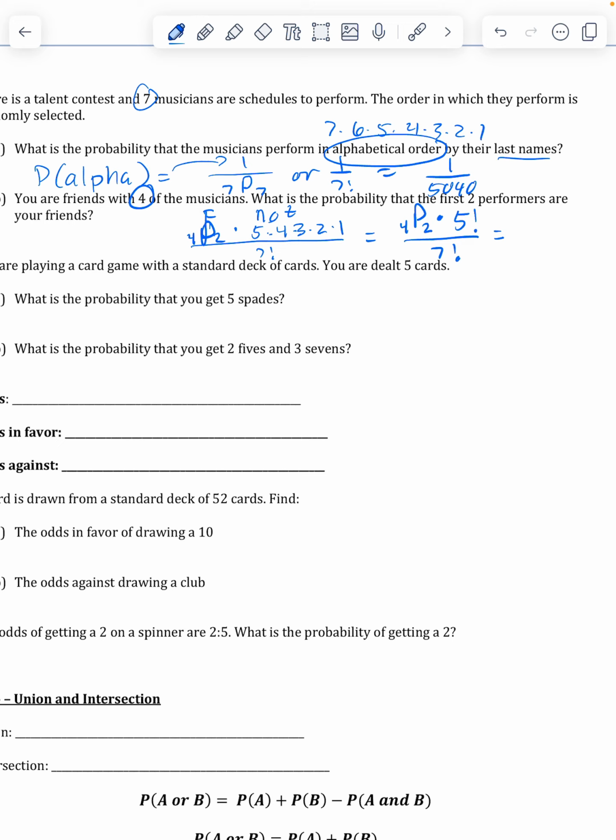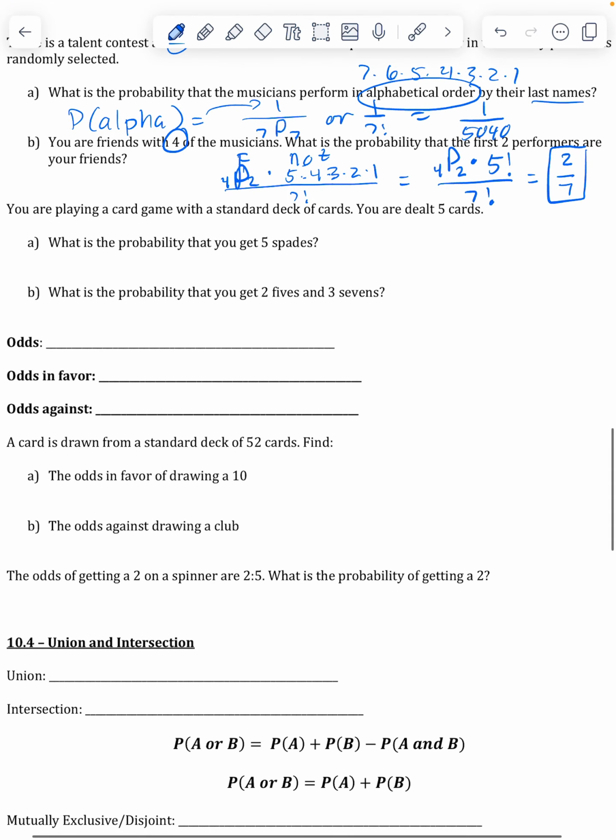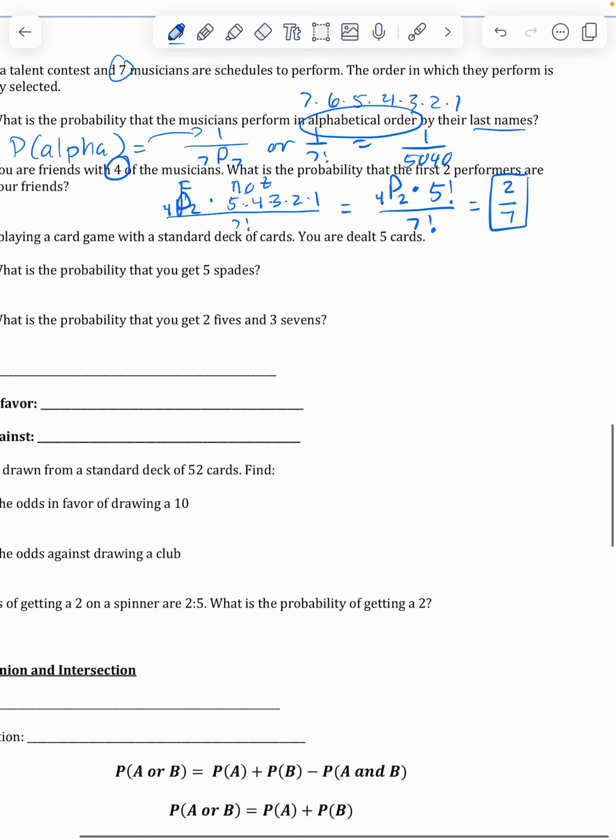And when you do this all out, believe it or not, it just comes out to be 2/7. So that's going to be a calculator thing to figure that all out and make sure you can land at 2/7. And 2/7, if you do it as a decimal, is 0.2857-ish. So if you get that, that's the same thing.